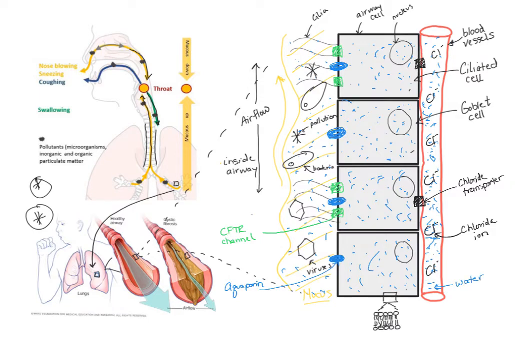Okay. So we have water, we have chloride, and then we have our goblet cells. Our goblet cells produce the other component of mucus. Inside of the goblet cell, there is a gene that codes for a protein called mucin. So what this will produce is something called mucin.